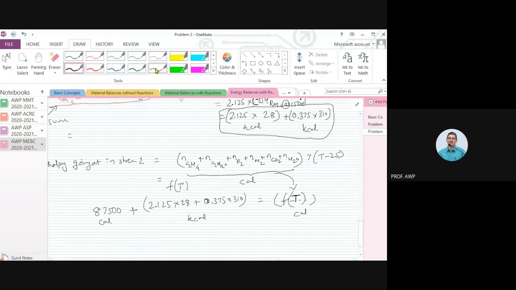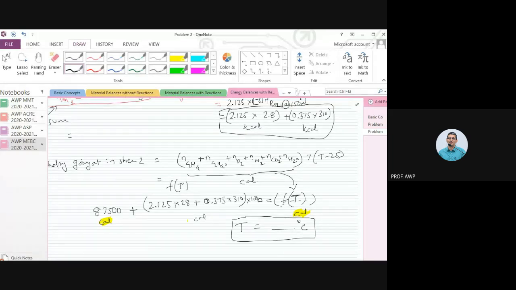So take care of the units. You can convert the kilocalories to calories by multiplying by 1000, or convert the calories into kilocalories. Any way you want to do it is okay. So temperature you will get in degrees centigrade.